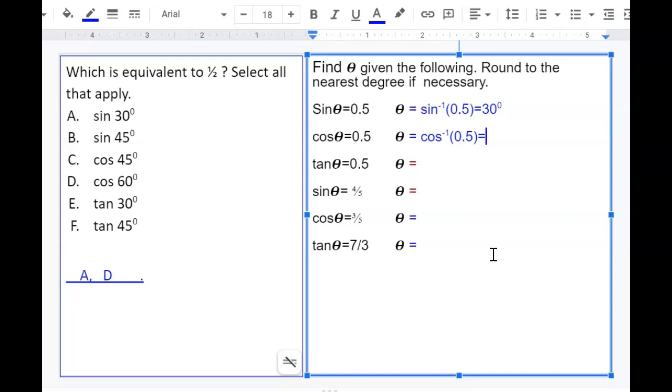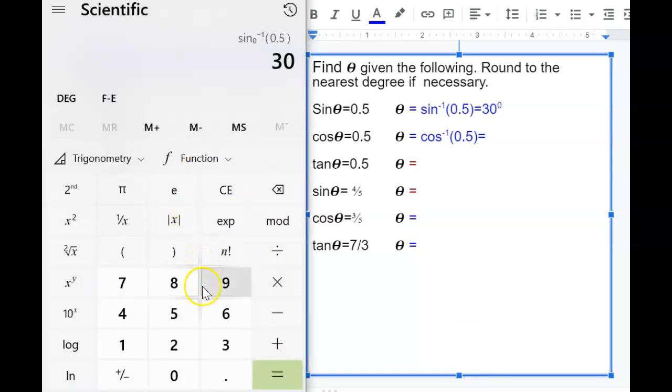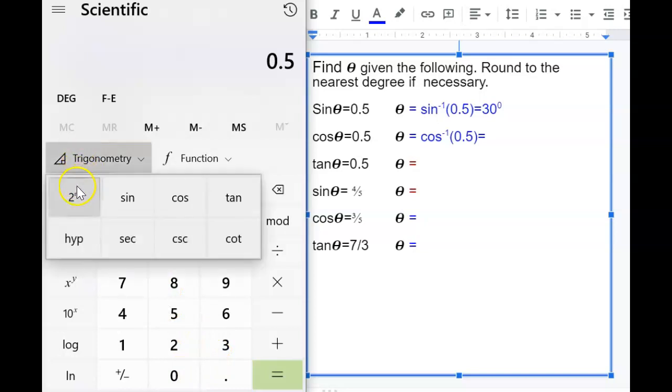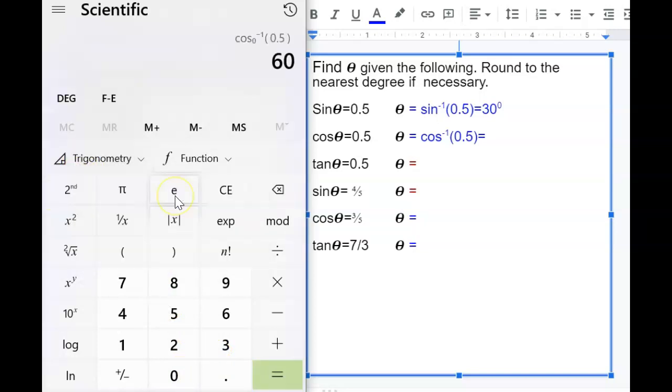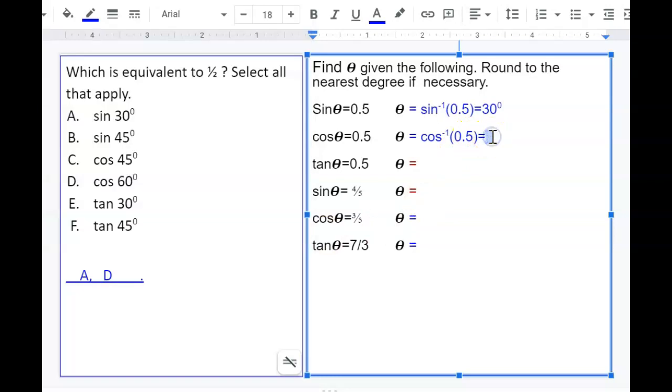Which will be equal to, we use a calculator to work that out. So clear that. First type 0.5, and then you go to trigonometry, type second, and click on cos inverse. That's 60 degrees.